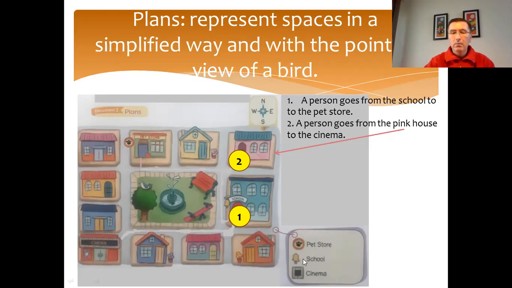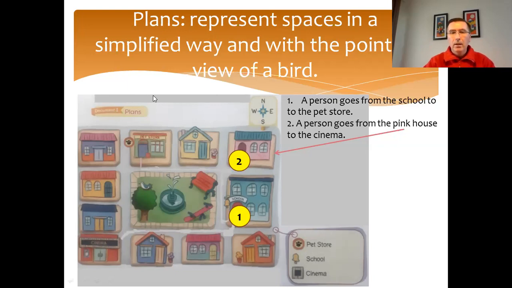And that is the symbol that the person who made this plan decided to assign for each place. So here we can see in the pet store a tiny paw, animal paw. In the school, you can observe that there is a bell, and then next to the cinema, you can see that there is a little screen.